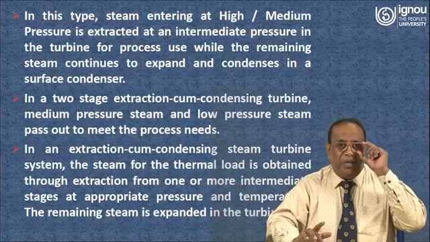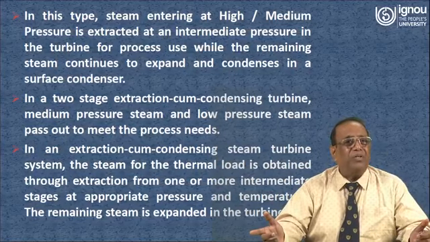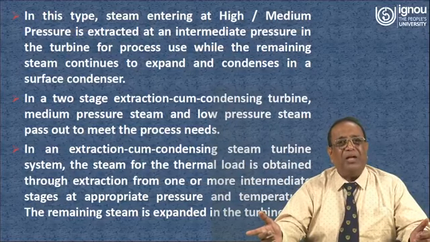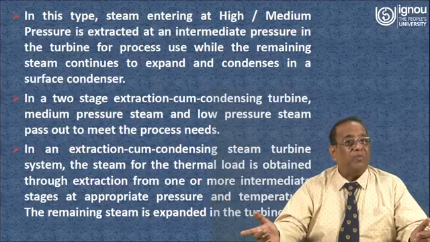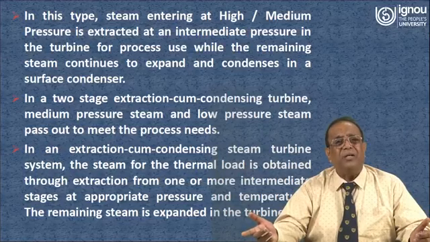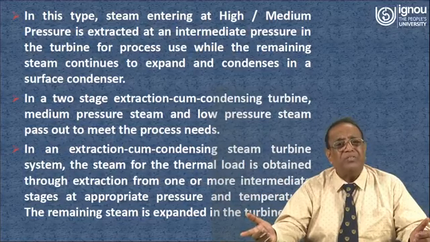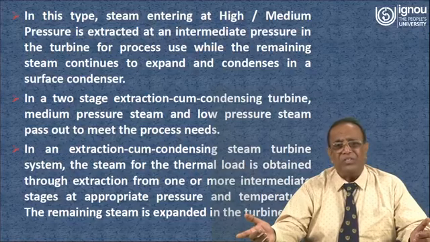In this type, the steam entering at high or medium pressure is extracted at an intermediate pressure in the turbine for process use, while the remaining steam continues to expand and condenses in a surface condenser. In a two-stage extraction condensing turbine, medium pressure steam and low pressure steam pass out to meet the process needs.